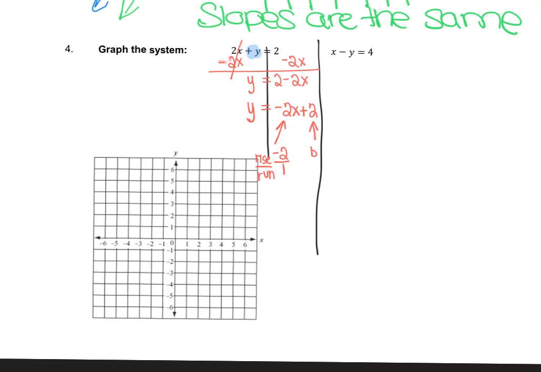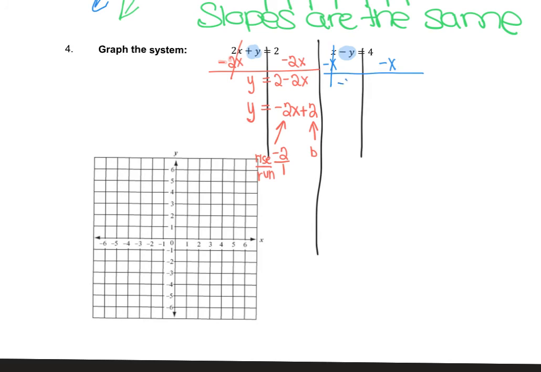Let's do it for our second one. I'm highlighting my y, which in this case is actually a negative y, which is going to pose a problem because we don't want negative y. We're going to subtract an x from both sides. We scoot it out on the right. It zeroes out on the left.